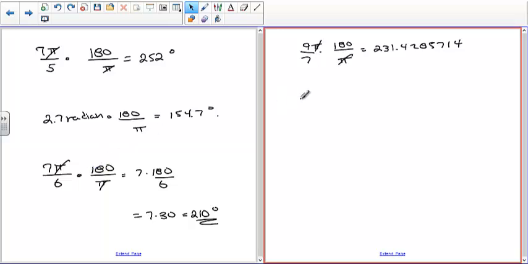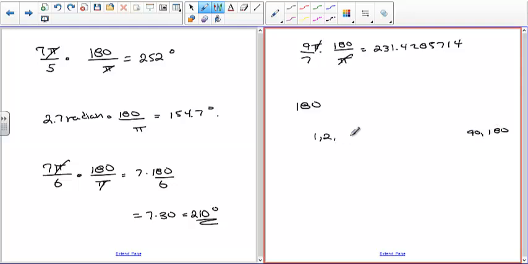So what are the factors of 180? Let's just write those out so we can think about it. The factors of 180 are going to be 1 and 180, 2 and 90, 3 and 60, 4 and 180 divided by 4 is 45, 5, and 180 divided by 5 is 36, so 5 and 36.